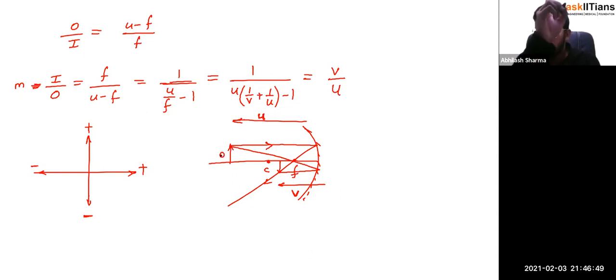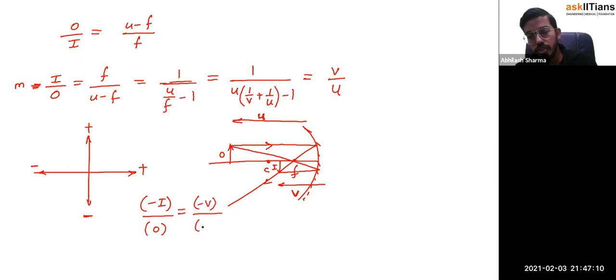And then you look at object and image height. Object height is measured up, but look at the image height, that's measured down, isn't it? So this sign convention I must apply in my derivation. So in I by O, I should actually be negative, and the object should be positive. When we talk about v here, v should be negative, and even the u, because even that is negative.